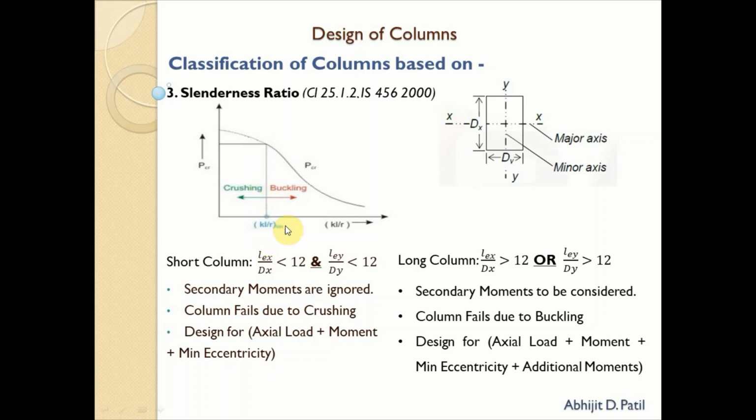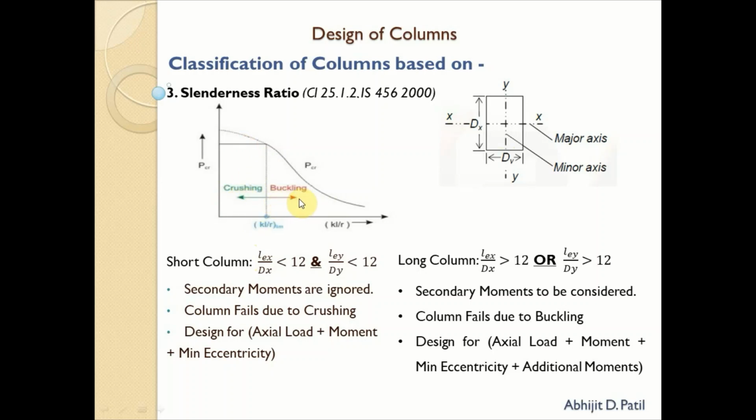So when this ratio, obviously this L by D is for rectangular, for other you have to consider R. That is why it is KL by R, the slenderness ratio. So whenever this ratio is less than 12, our column will fall under, or we call it as short column, so it will fail by crushing.